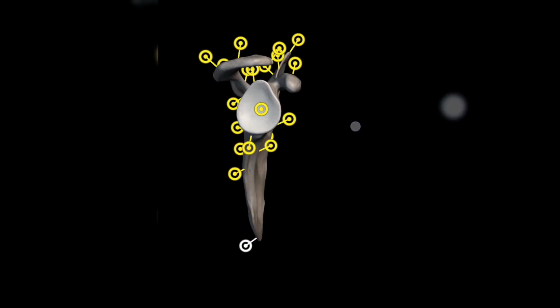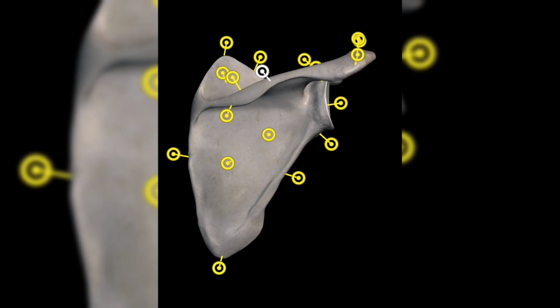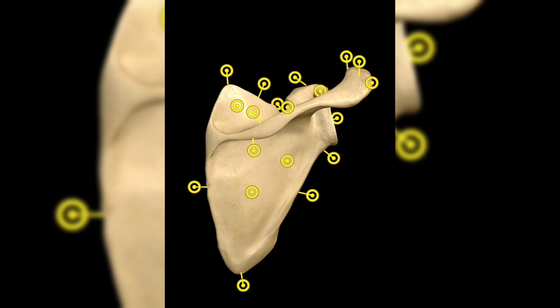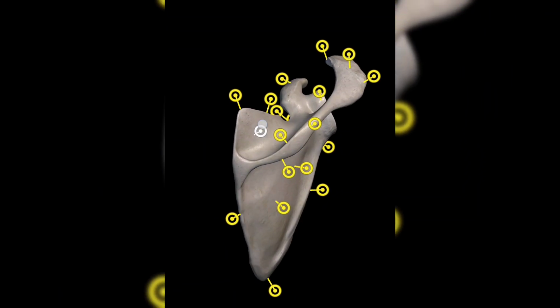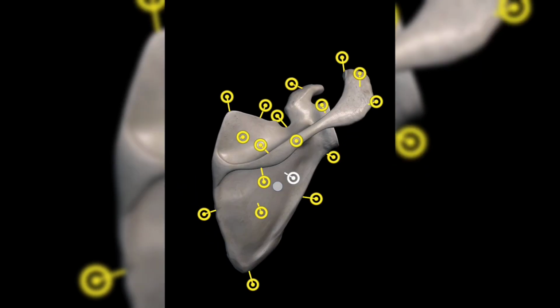The dorsal surface is convex and presents a shelf-like projection called spinous process. The supraspinatus muscle arises from the medial 2/3 of the supraspinous fossa. The infraspinatus muscle arises from the medial 2/3 of the infraspinous fossa.